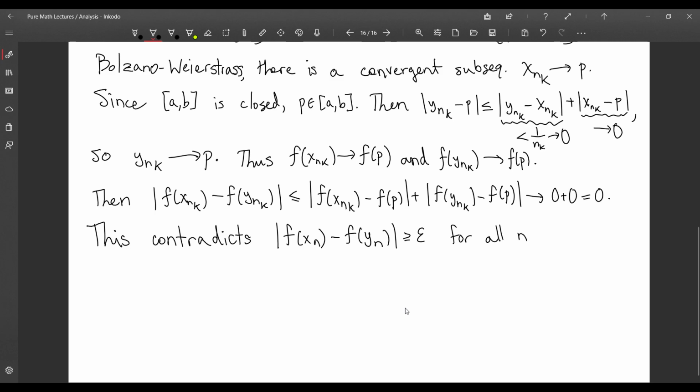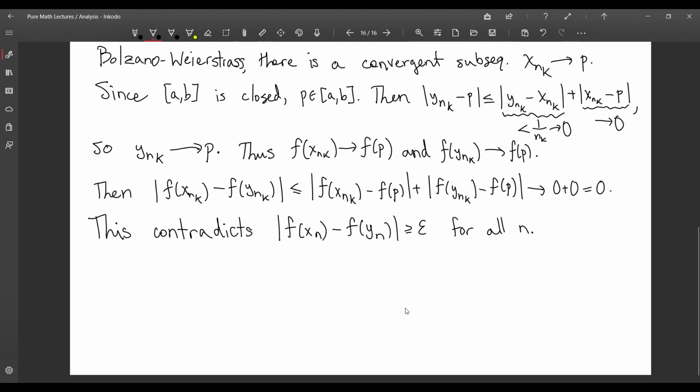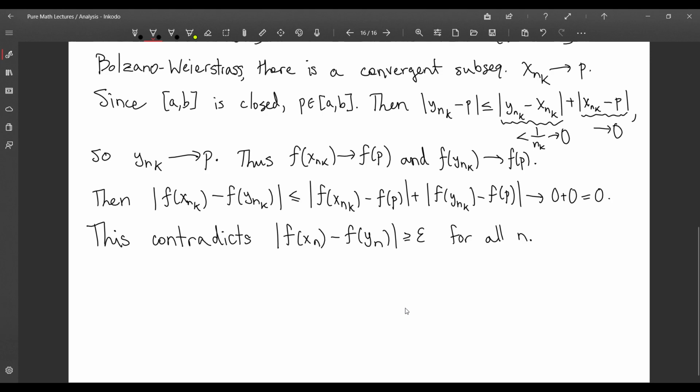Because if this is approaching 0, then at some point it must be less than epsilon, which is a contradiction, and thus f is uniformly continuous.